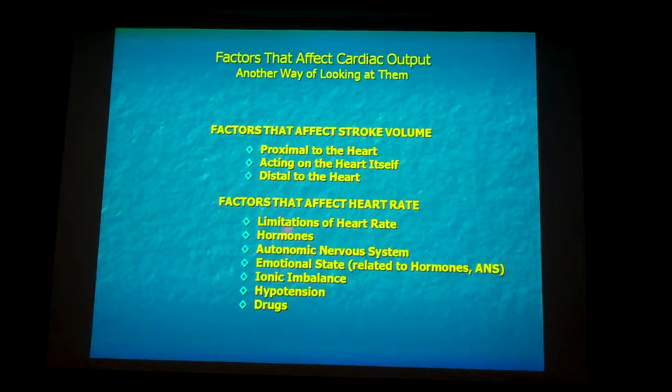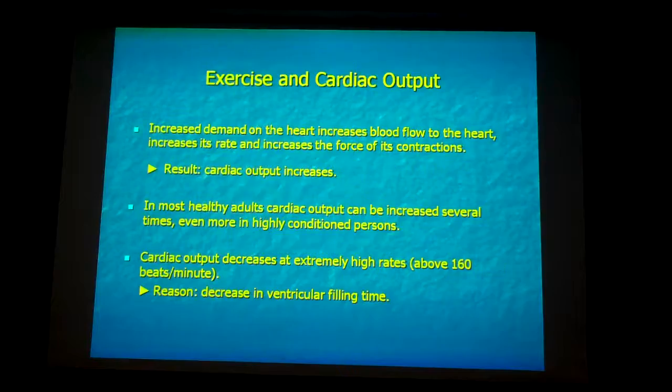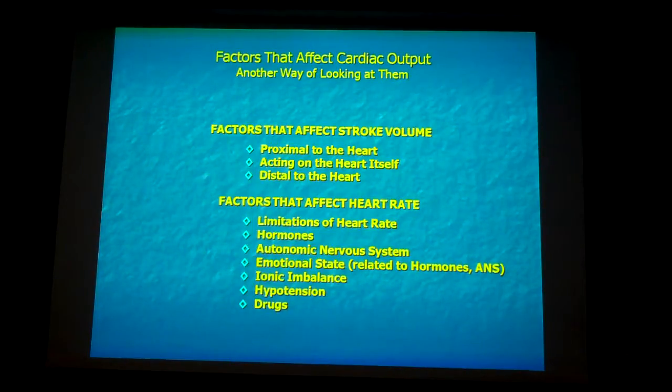Factors that affect heart rate, you've got a number of things. I just gave you a few, but ionic imbalance, certain drugs, hormones, low blood pressure, all those things will affect heart rate. Does the ionic imbalance have to do with the sodium pump, the potassium pump balance? Okay.